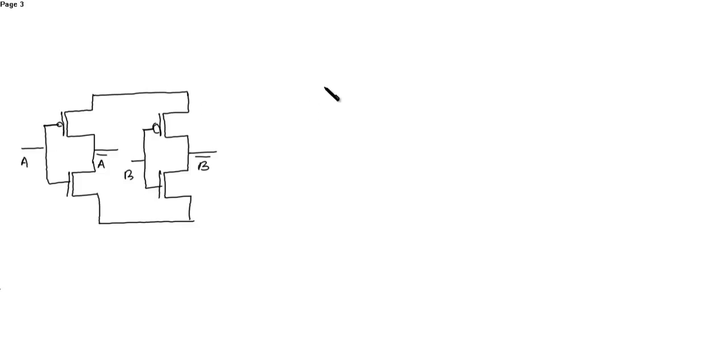So after drawing the inverter, we need two ANDs and one OR. For designing an AND gate, we know that the NMOS will be in series and the PMOS will be in parallel. So this is 1, 2 PMOS, they are in parallel and the NMOS is in series.